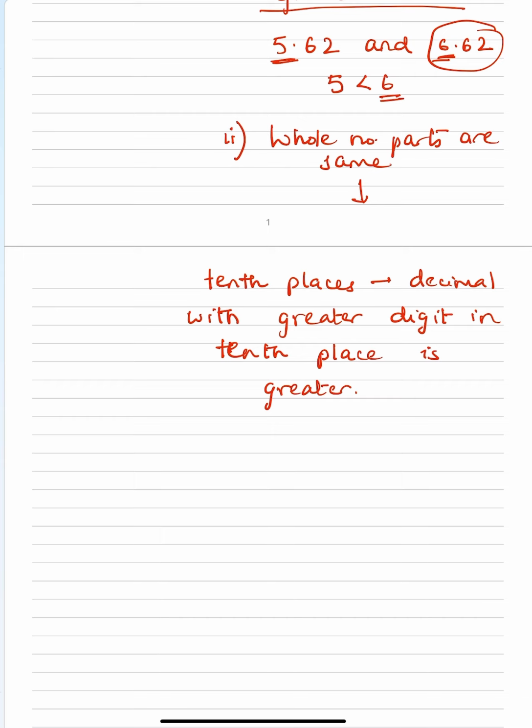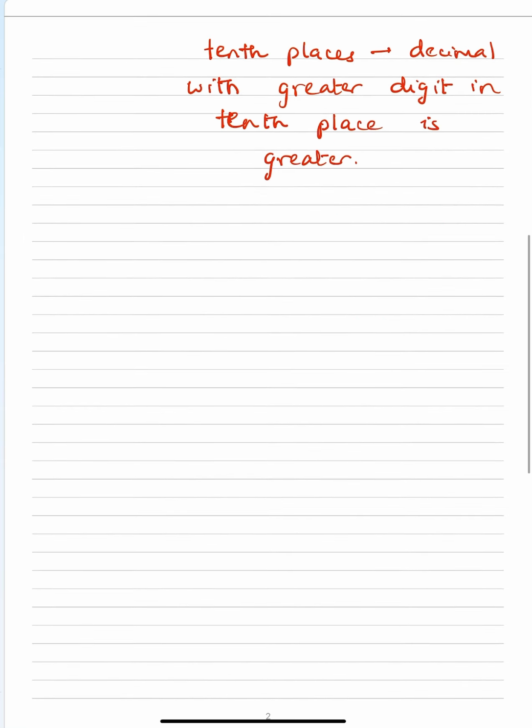Now, to understand this point, let us take a number. If I take 1.01, this is one number, and the other one is 1.10. Now here, what are equal? The whole number parts are equal.